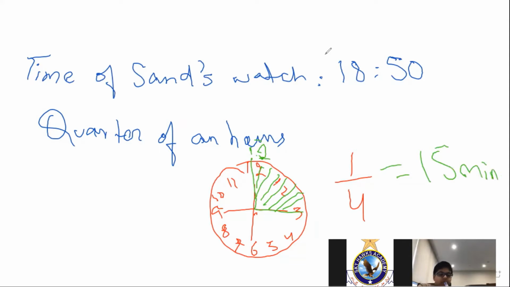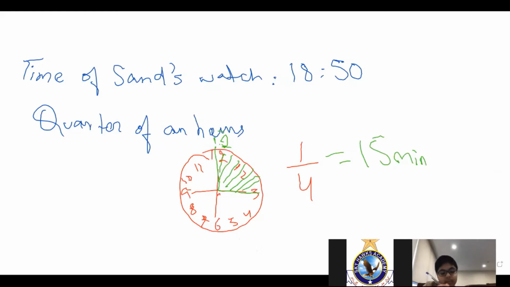Is it clear? Yes. Okay, what was the question? The question was, what is the time 1/4 of an hour later? What is meant by later? Later means next, the future.